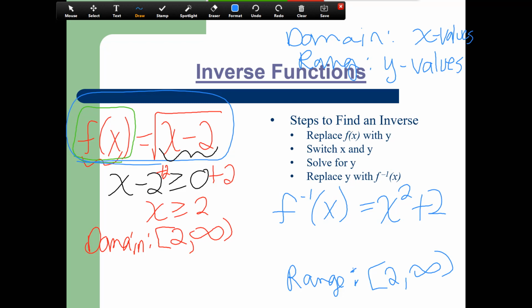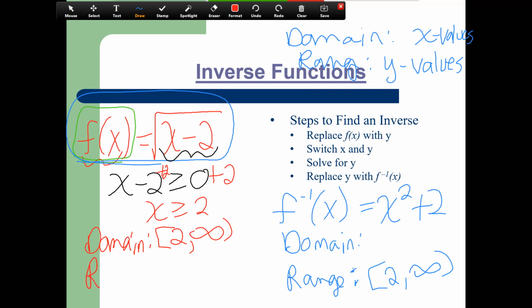Now what about our range on the original function? The range on the original function is going to be the same as our domain on this function. So if we can find our range on the original function, we will have our domain on the new function that is the inverse.